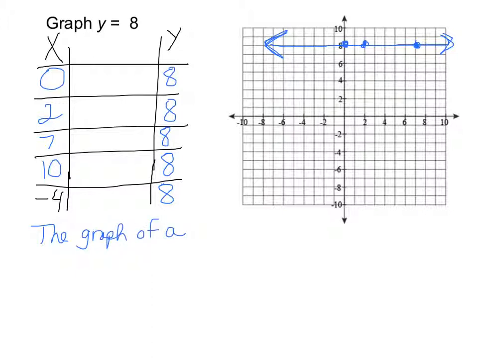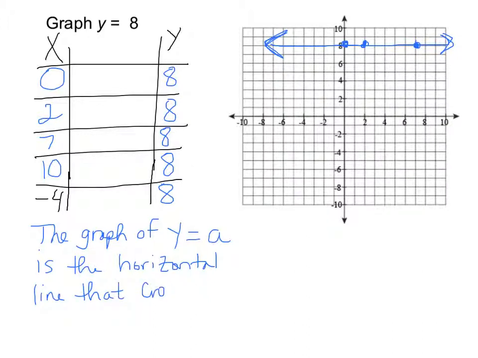The graph of y equals a, where a stands for any number, is the horizontal line that crosses the y-axis at a. So if this is y equals -4, for example, let's try that one.